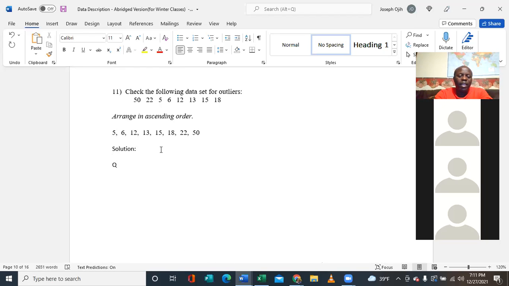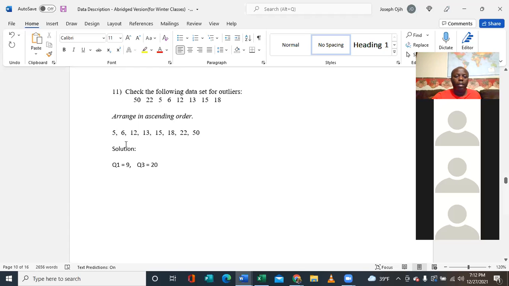For this question I got my Q1 as 9, and following the method I explained previously, I got my Q3 as 20.